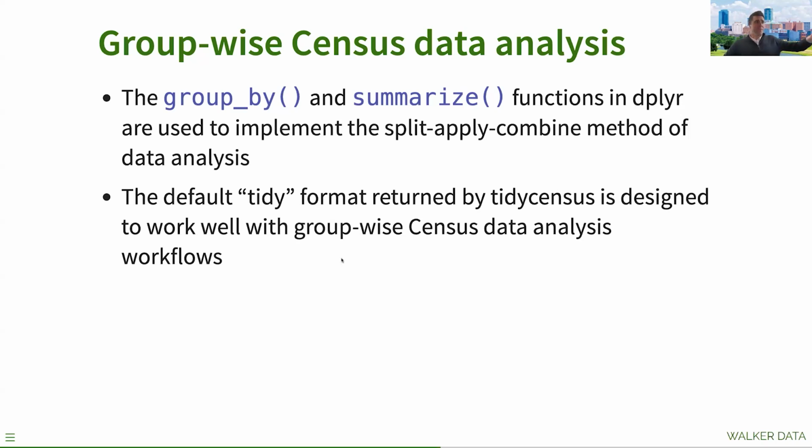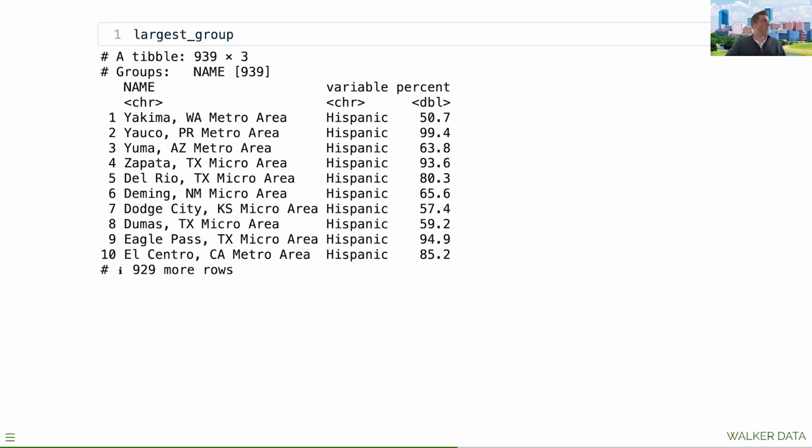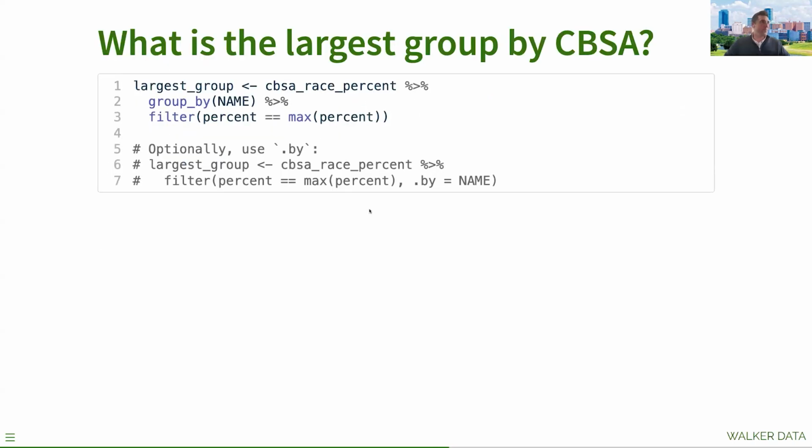So the default tidy format returned by tidycensus is designed to do this sort of analysis. And so what you can do is you can use either the function group_by, or you can use the .by notation, as you can see here, directly inside of a function. So you can identify groups within a tidyverse function, or you can explicitly group by.